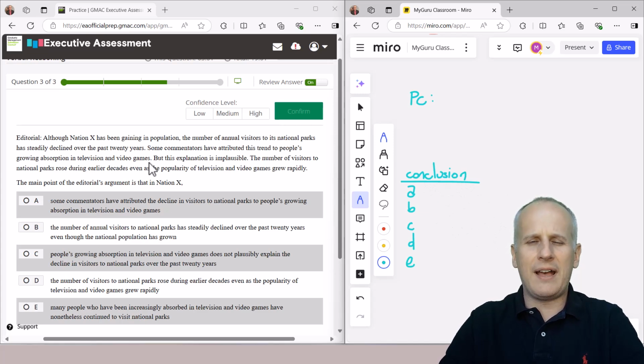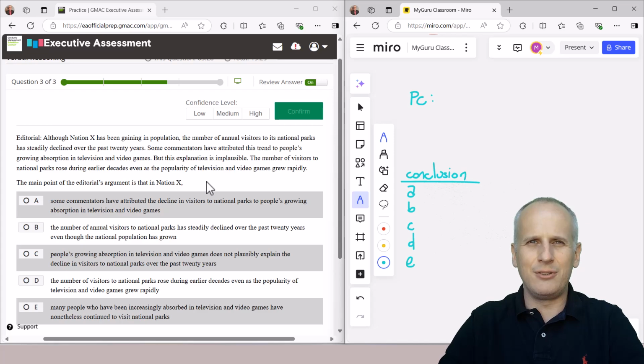Similarly, whenever you have an argument that is reporting some other opinion, that other opinion is being presented as a fact, not as a conclusion for that argument itself. So here we simply have the position of some other commentators, but this second sentence is not the conclusion itself. So then, taking a look at the next sentence, it says, but this explanation is implausible.